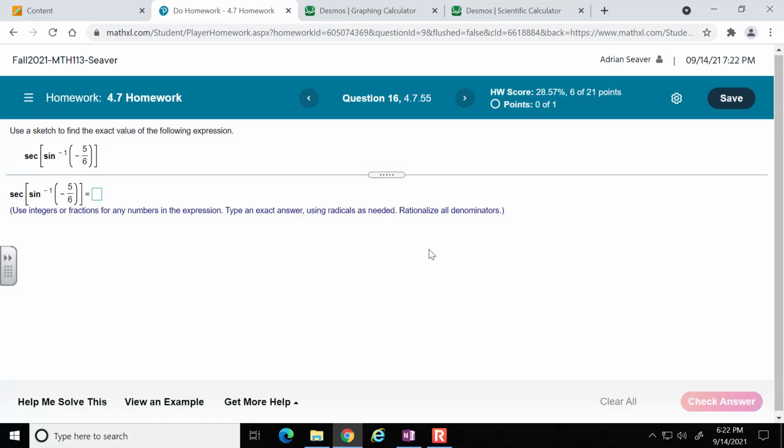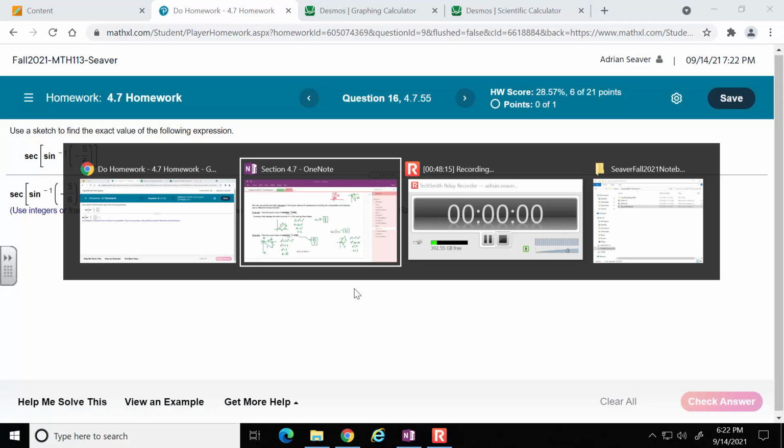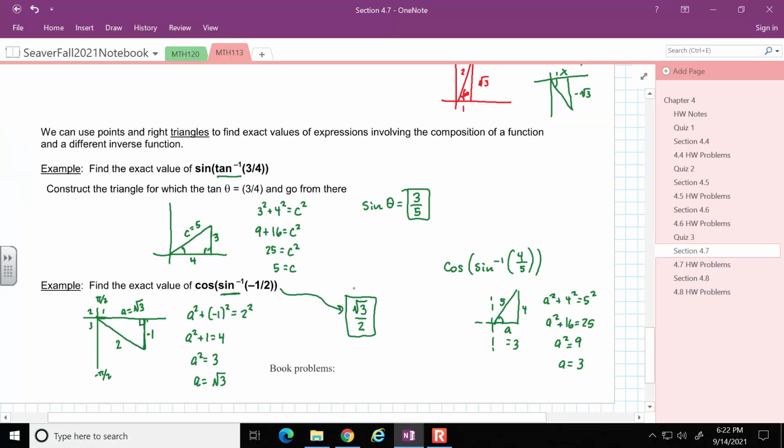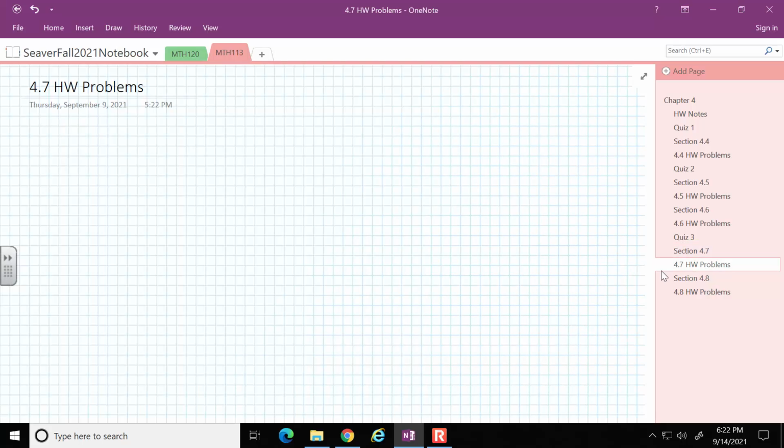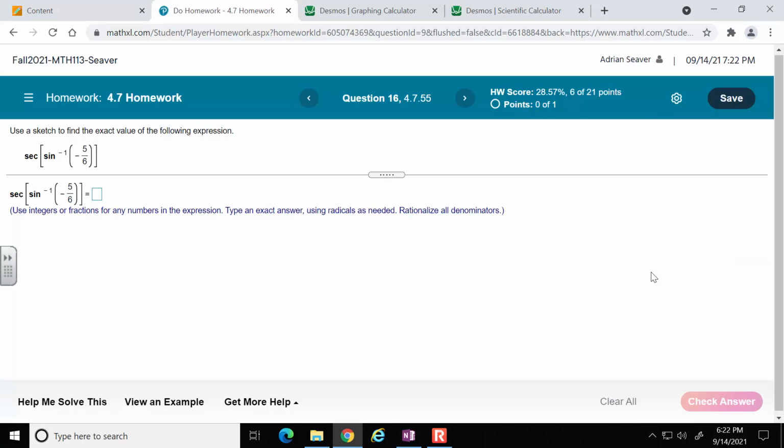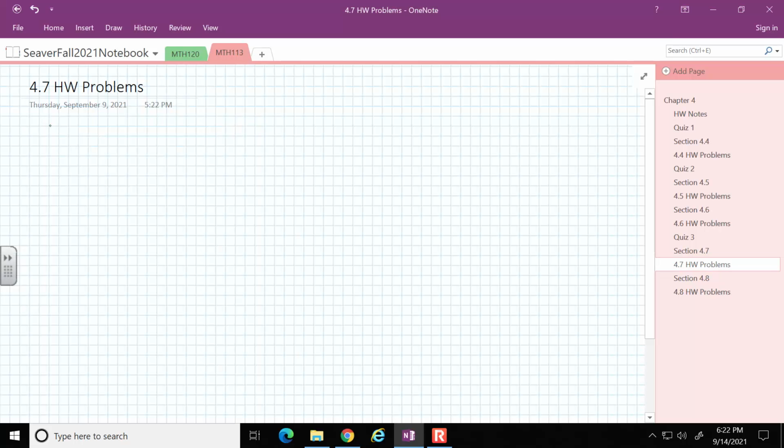Okay. This one, we'll do one more. The secant of the inverse sine of negative 5/6. Ooh, this is a good one. I've done a bunch of these already, but number 16, negative 5/6.